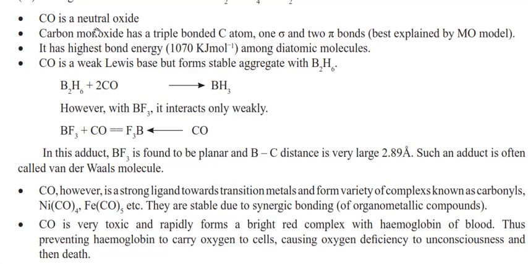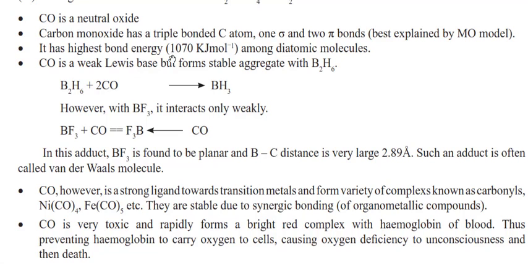Carbon monoxide is a neutral oxide, and there is a triple bond between carbon and oxygen. As you know, if you have multiple bonds, always one is sigma and the rest are pi bonds. It has the highest bond energy, like 1070, among the diatomic molecules.